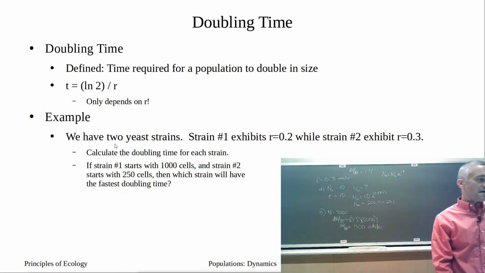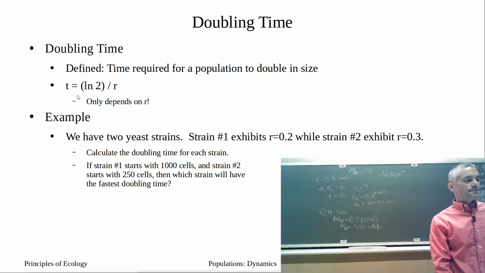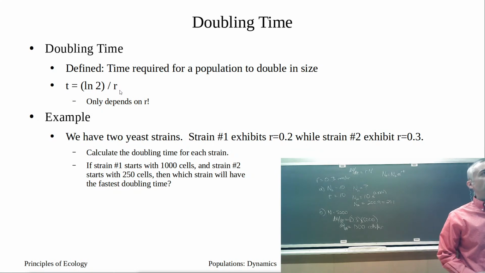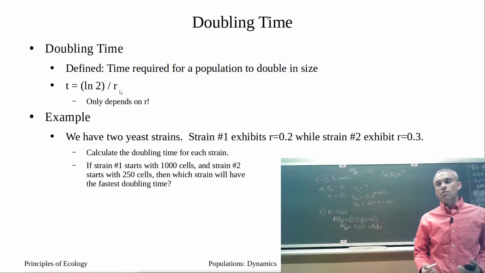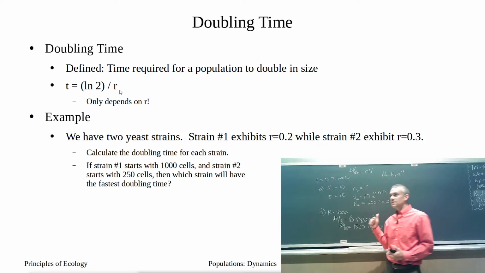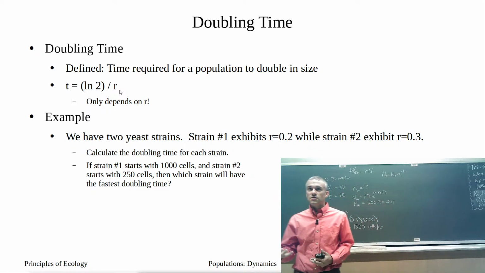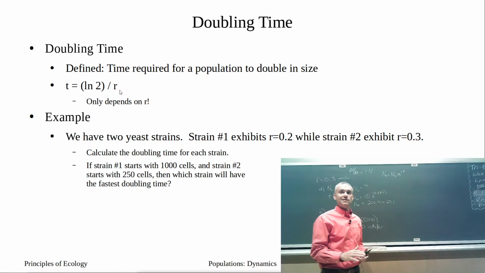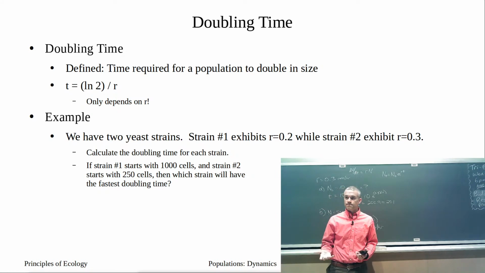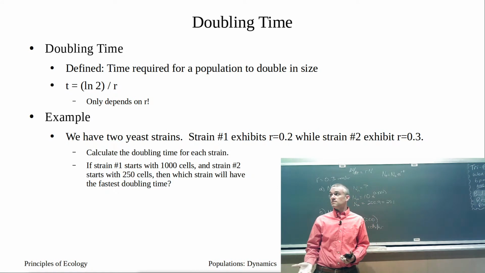So doubling time is t, and it's equal to the natural log of 2 divided by r. And I think it's important to recognize that this equation doesn't include our population size at all. Doubling time only depends on the intrinsic rate of growth, r. That's all that it depends on.